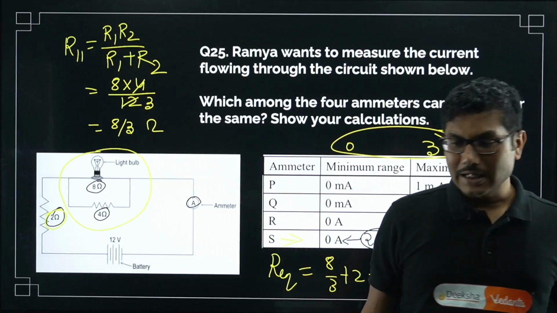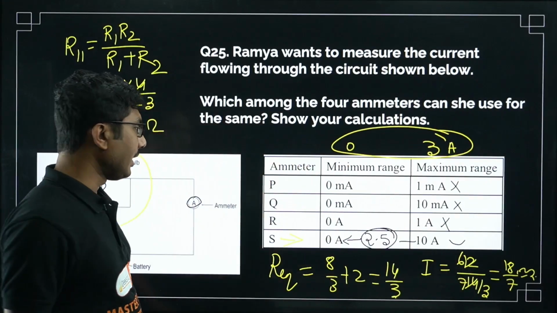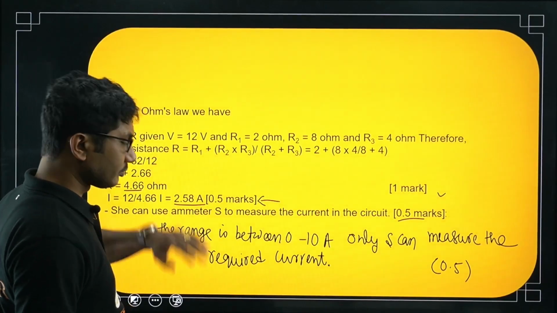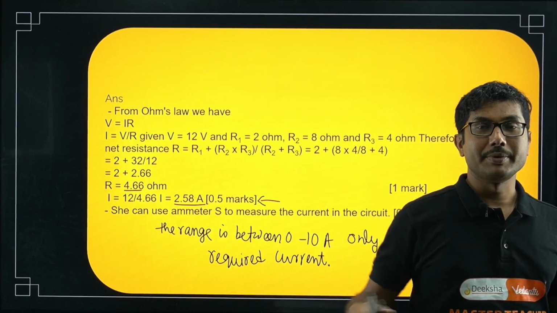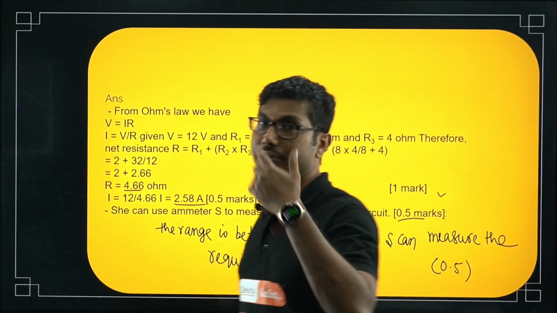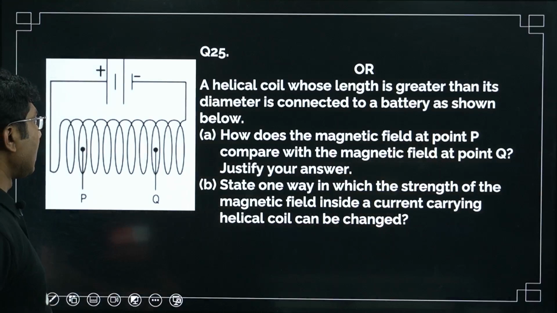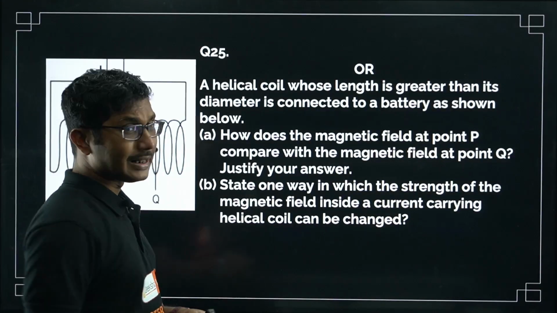Okay, so that is how you can change the range and your sensitivity. So this is one of the ways to do that. Now as I said, if options were given, we will choose the one closer to the maximum limit instead of choosing the higher range. Okay, remember that.